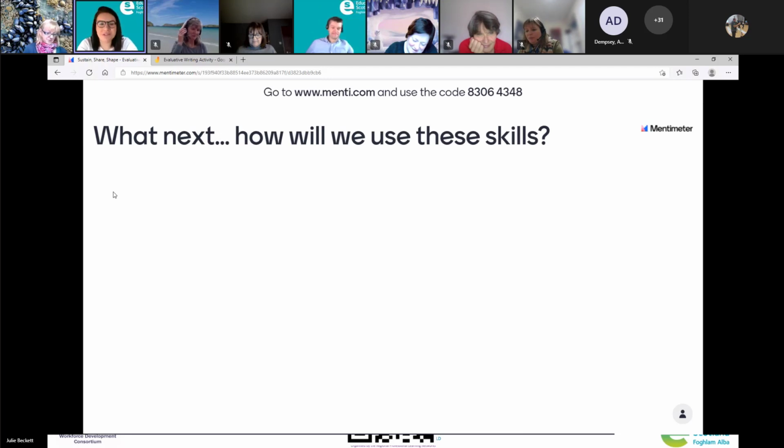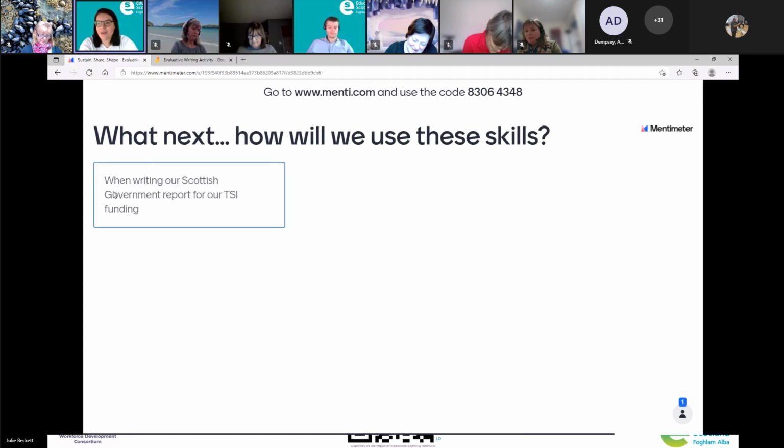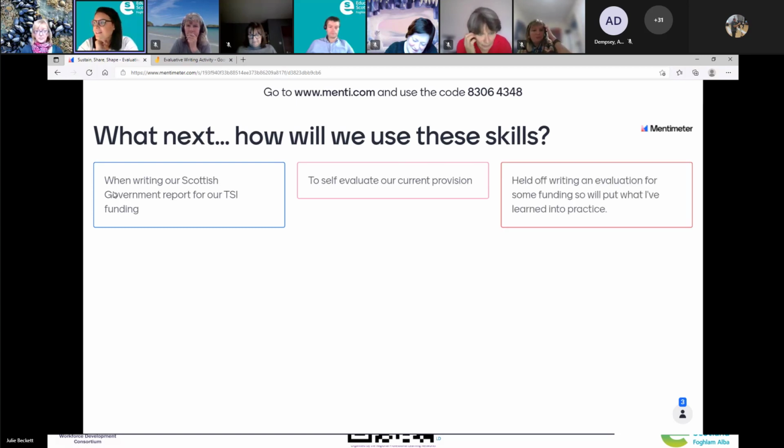So we're going to think about how we use these skills next, and hopefully you'll have a little speech bubble come up. I know this is quite hard to do while you're still in the session, but I think it's good to get a feel for what people are thinking around what next, what do we do with this, how do we take evaluative writing forward in our setting.